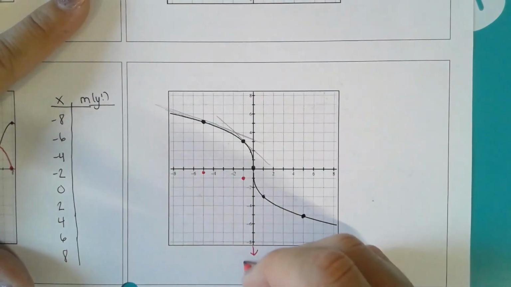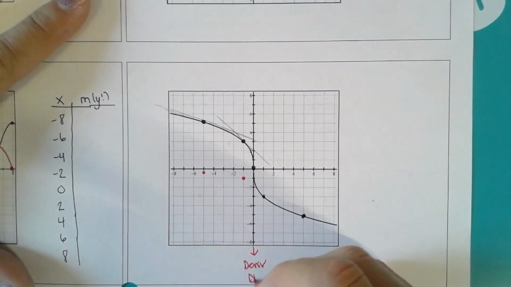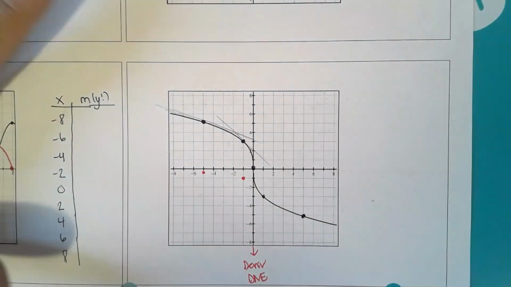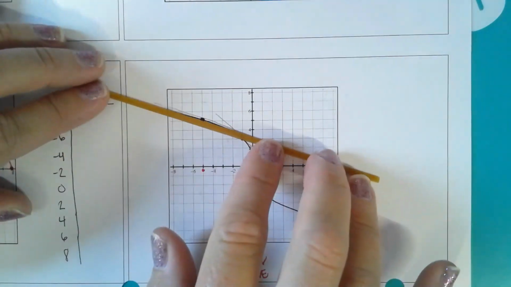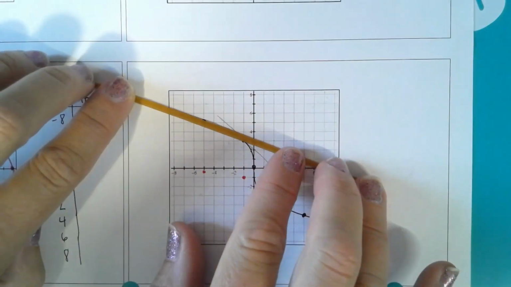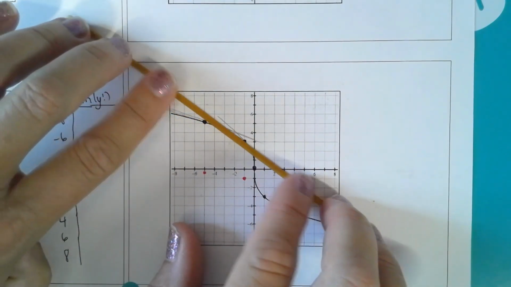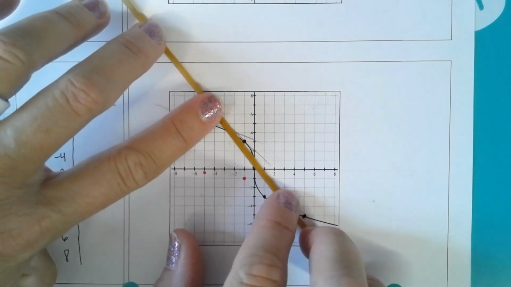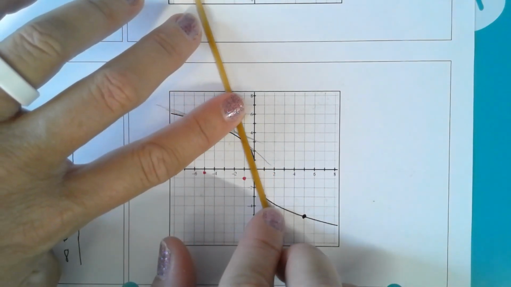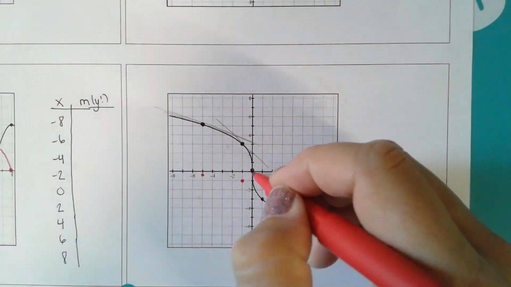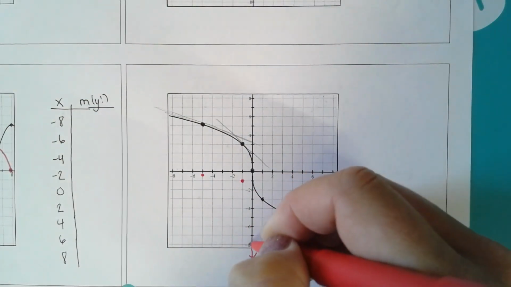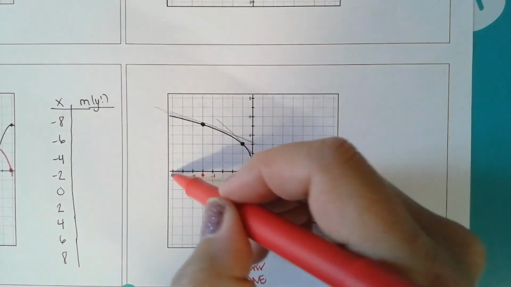exist there. But what I want to talk about is what's happening as we get closer and closer and closer. So way out here, the slope is flat. And as we move along, the graph is getting steeper and steeper until it's vertical, which means just to the left of 0, I have a negative slope, but it's really, really steep.